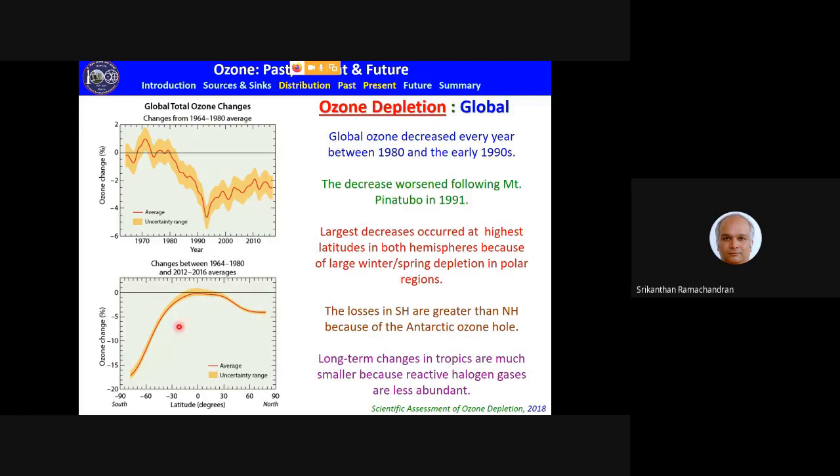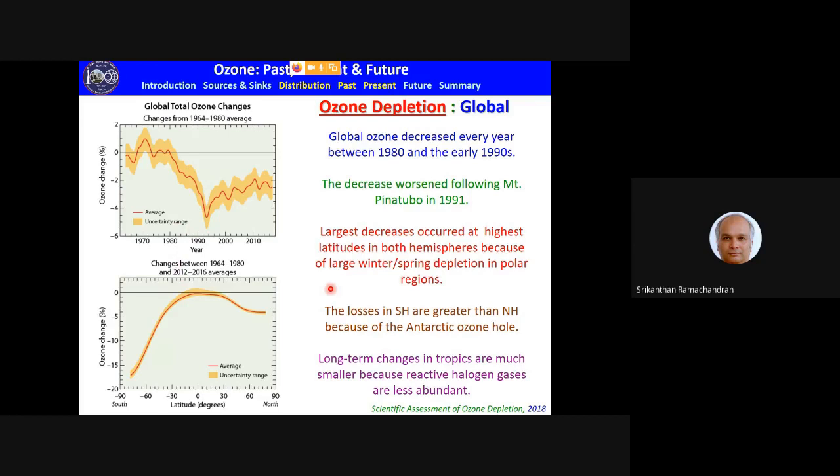As a function of latitude, for example, there is not much change in the tropics, because the tropics is a source region for ozone. So the source overwhelms the sink. Hence, the long-term changes in the tropics are much smaller, and also the reactive halogen source gases are less abundant.